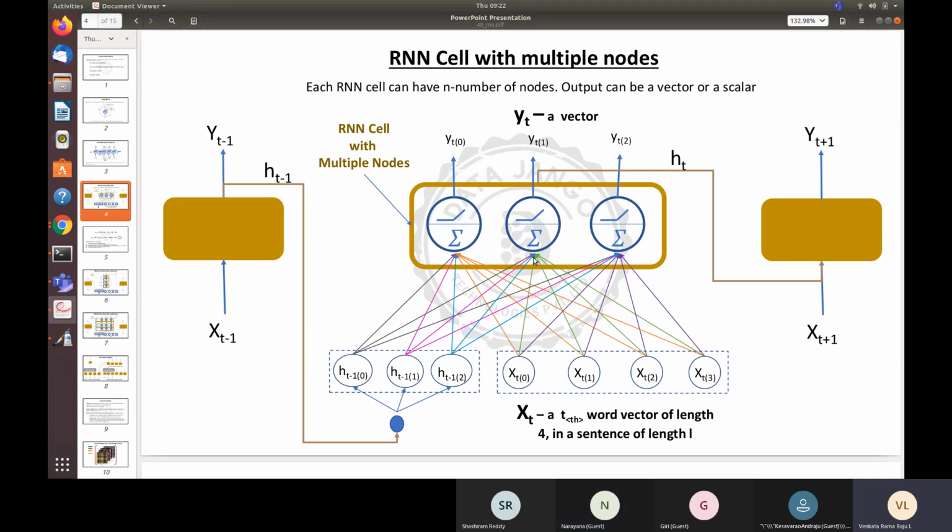I kind of try to produce it like a book, but sometimes there are misrepresentations. Maybe I should have kept Y cap, but my intention was to explain that there are going to be Y's here, there is going to be a cost function in between, Y caps will be here, and then the weights will be adjusted, something like this. Okay. Yeah, got it, sir. Even Shashiram asked it, I think, in one of the sessions.